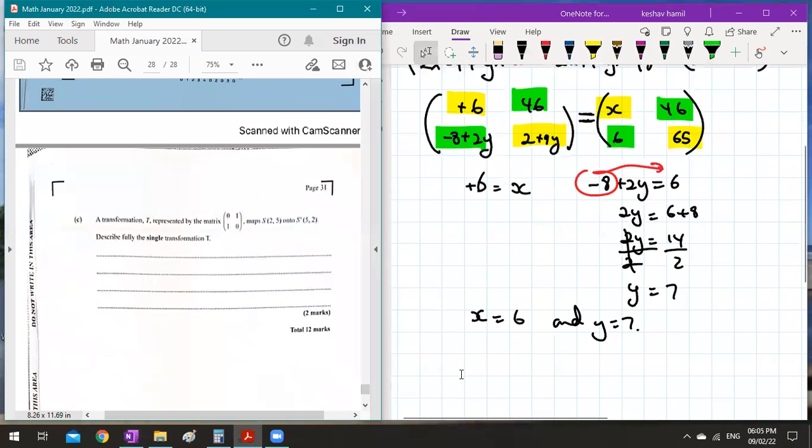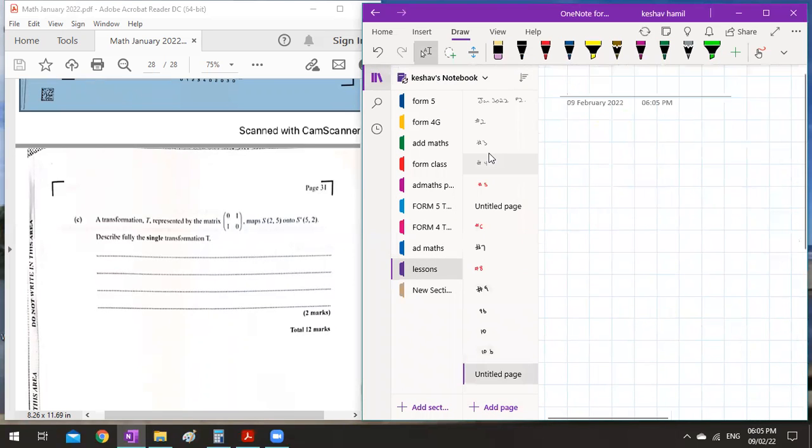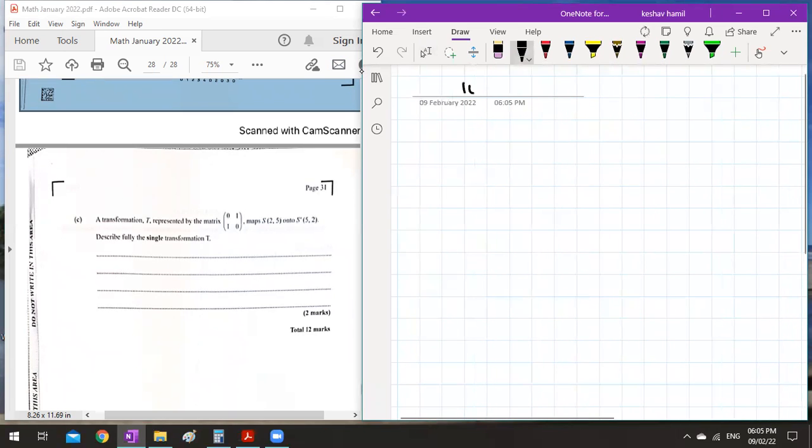Part C. So 10 part C. The transformation T is represented by the matrix. So T is (0, 1; 1, 0).